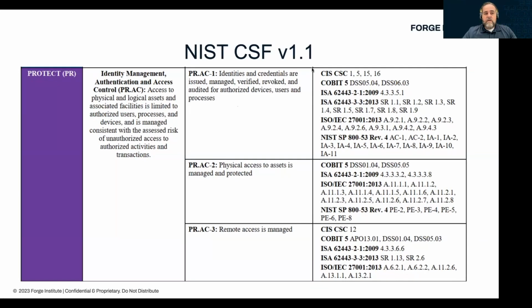And so here, we talked about the Protect function, the identity management, authentication, and access control family, and then the PR.AC-1 control itself. When we're talking about the Center for Internet Security Critical Security Controls, it looks a little bit different.